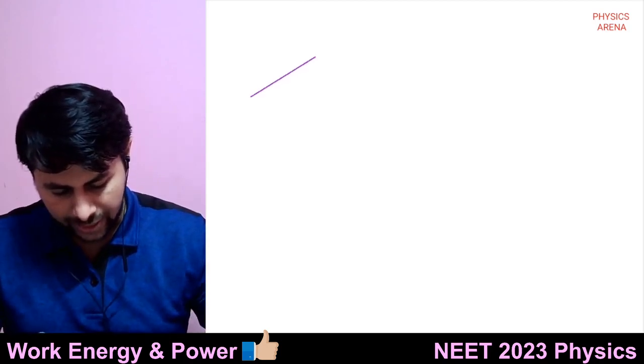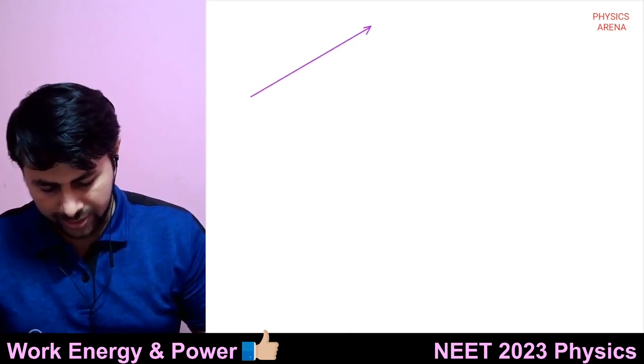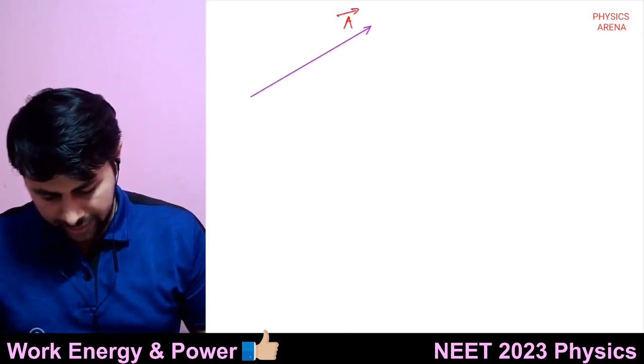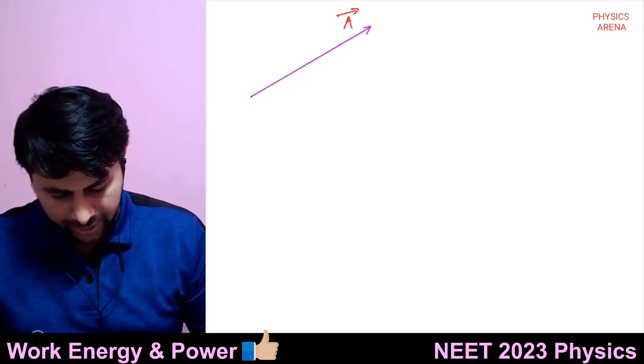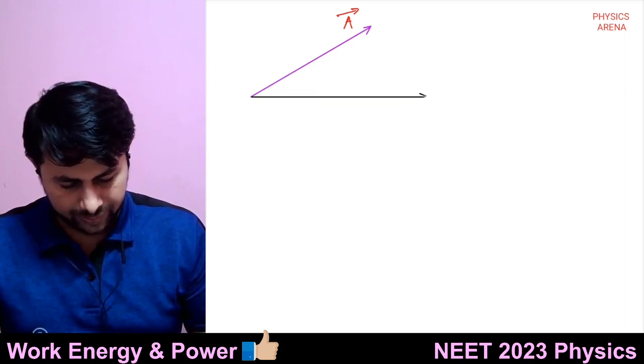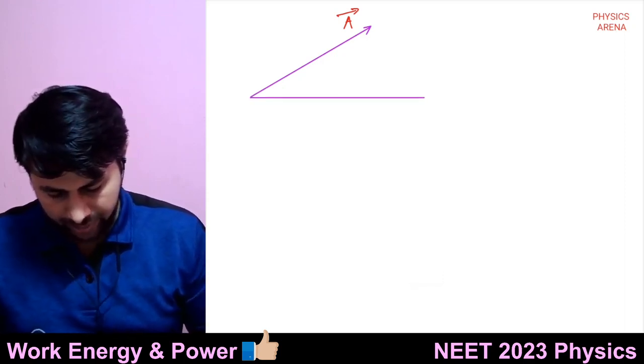Let's see how that is done. Let's suppose this is the first vector a bar, and this is another vector, b bar.